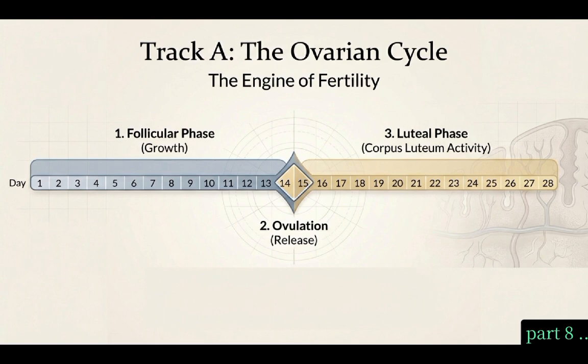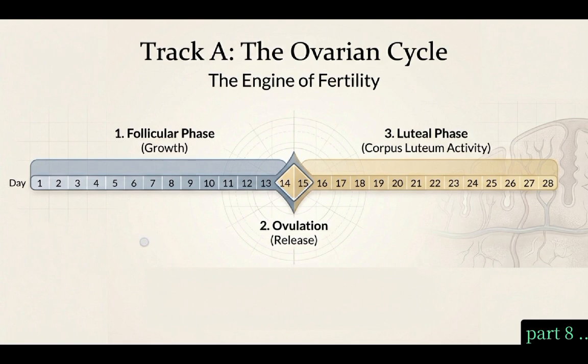So let's start with the ovarian cycle. This is the engine of fertility. The ovarian cycle, as I've said, is divided into three phases: the follicular phase, the ovulation phase, and the luteal phase. So what happens in the follicular phase?